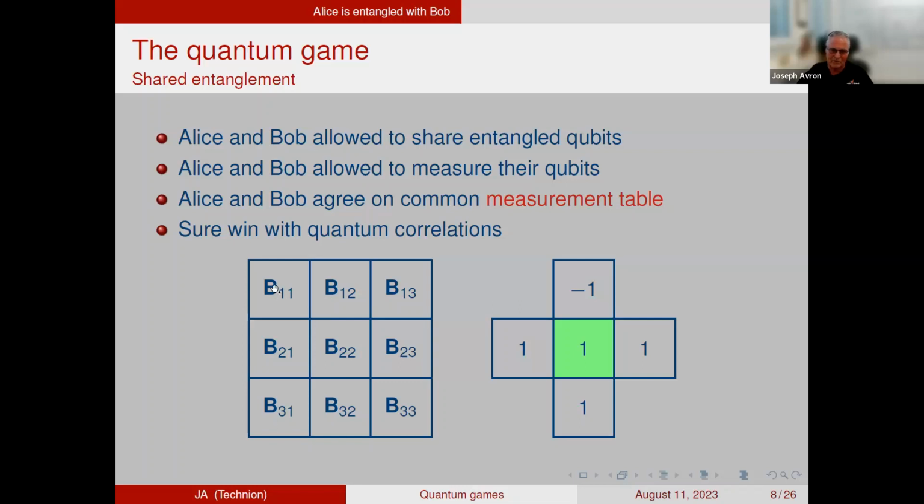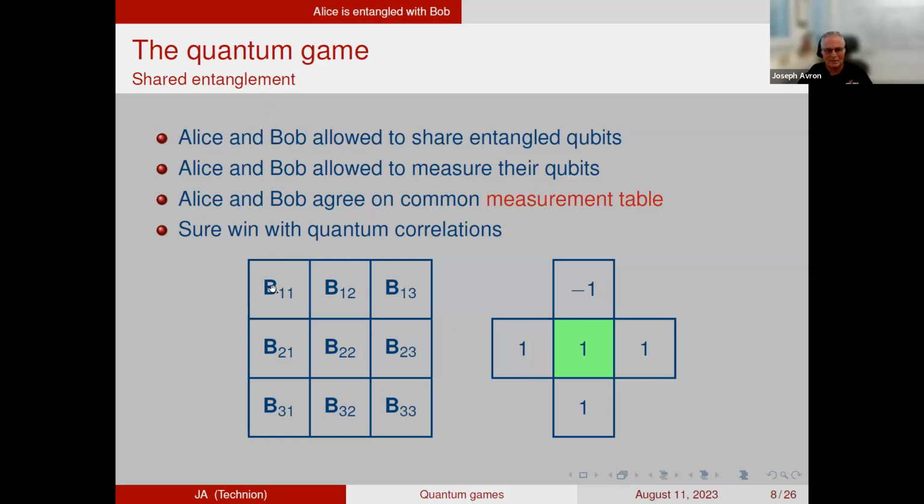So the observables, I denote them here. B11 will be the measurement that Alice will make if she is given, say, this row. So she will measure B11, she will measure B12, and she will measure B13 on her qubits. And if Bob is given, say, the first column, he will measure B11, B21, and B31 on his qubits. And the measurements are going to be such that each observable here, which is denoted by B, is a binary observable.